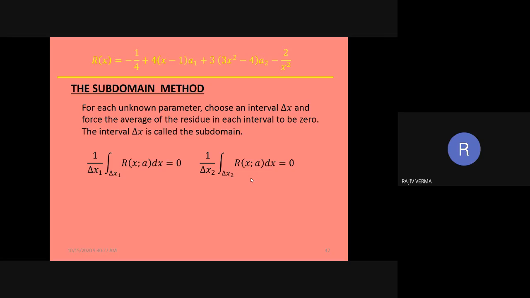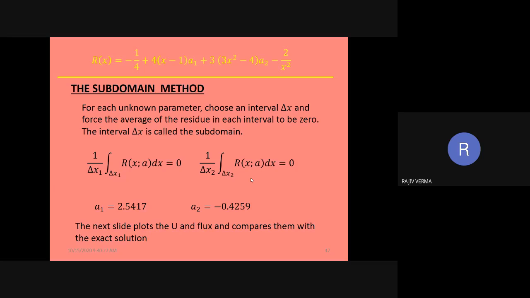This is going to give us 2 linear simultaneous equations, which are supposed to be equated to 0 to get the value of A1 and A2. Obviously, the A1 and A2 which are on display at the moment depend upon the numerical value of delta x and also upon the location of delta x.